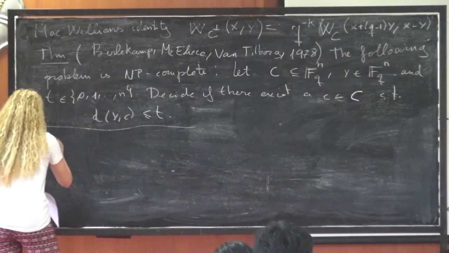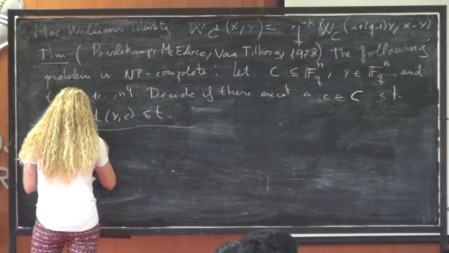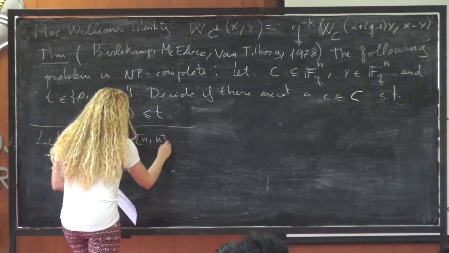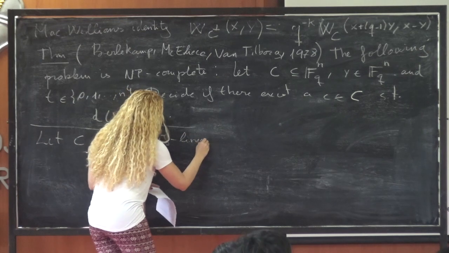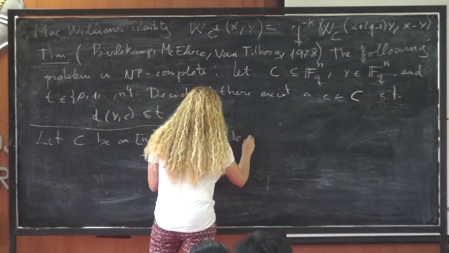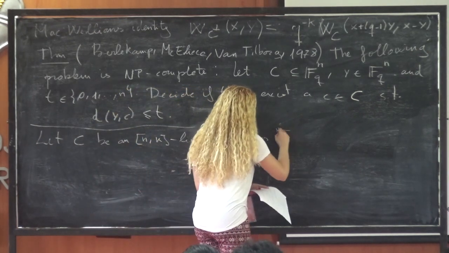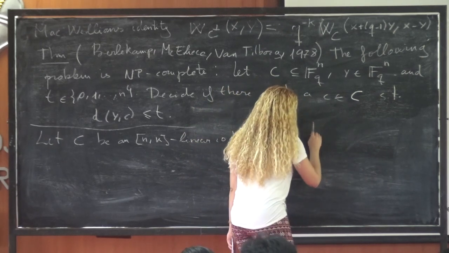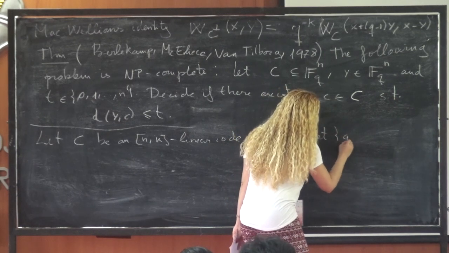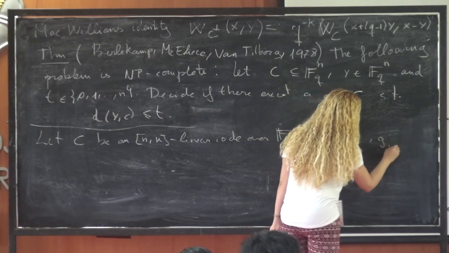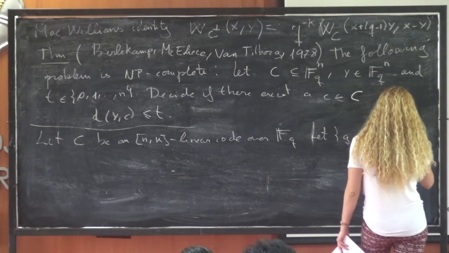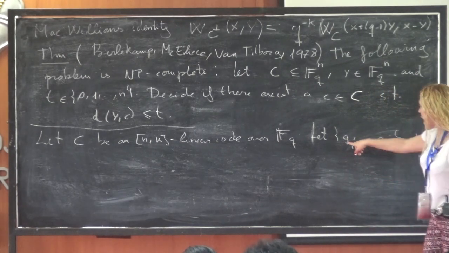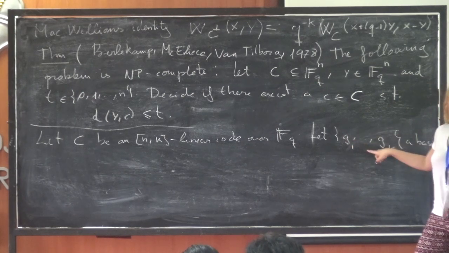So let C be an [n,k] linear code over F_q. We can get a basis. Let g_1 until g_k be a basis. Why are there k elements in the basis?